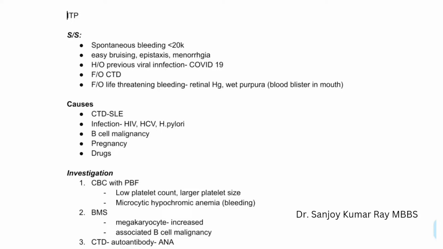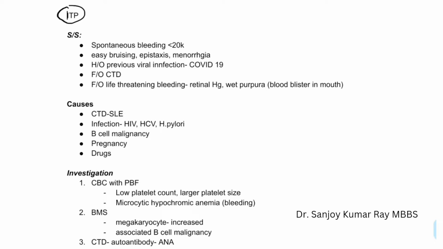Hello, my dear audience. This short video is on idiopathic thrombocytopenic purpura, also known as immune thrombocytopenic purpura. It can affect children and adult patients. In the children group, it is usually preceded by viral infection, and it usually resolves spontaneously.